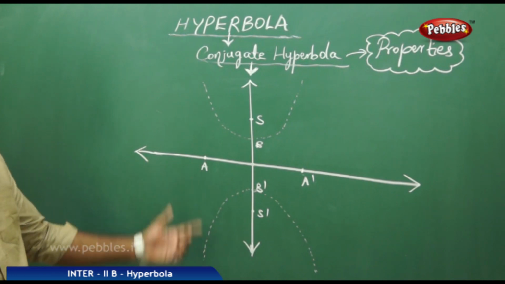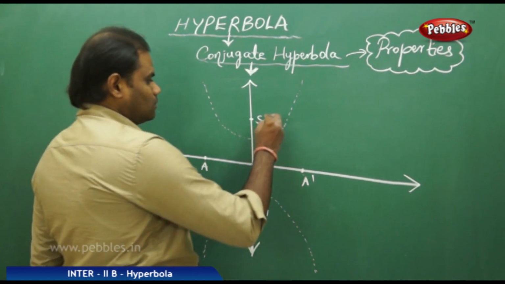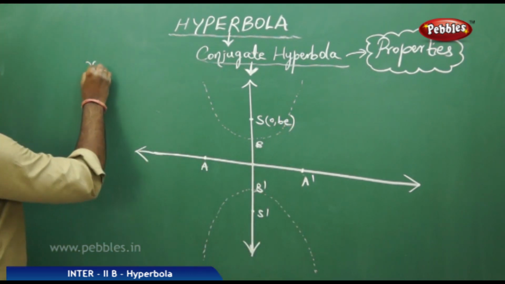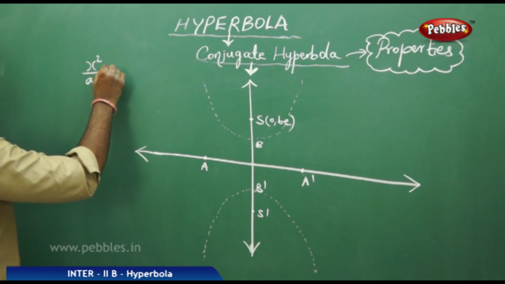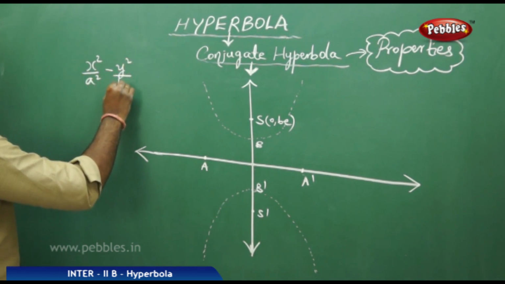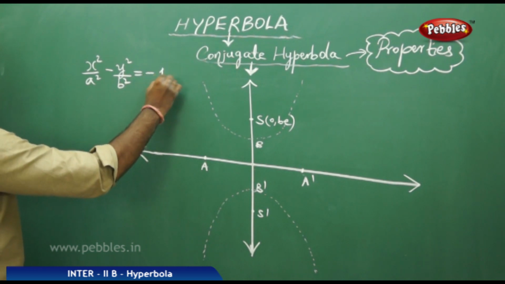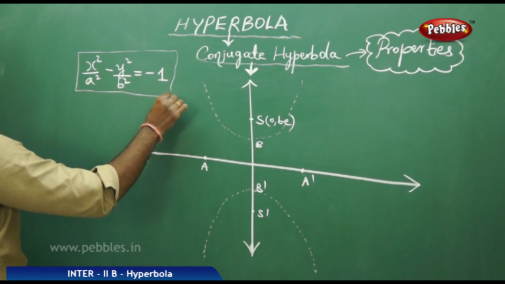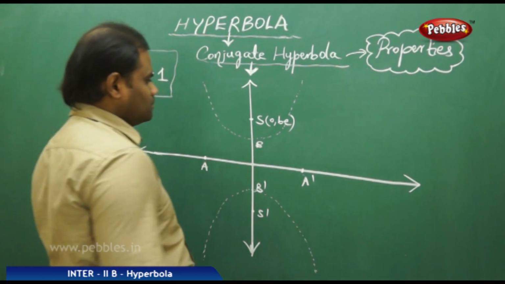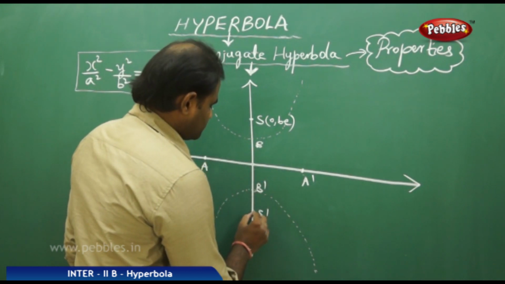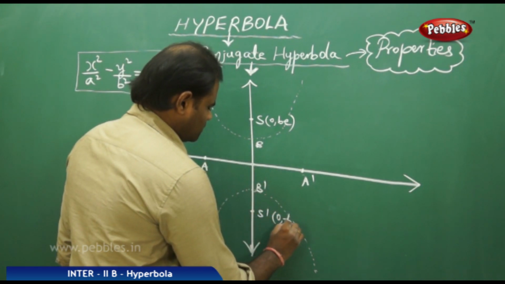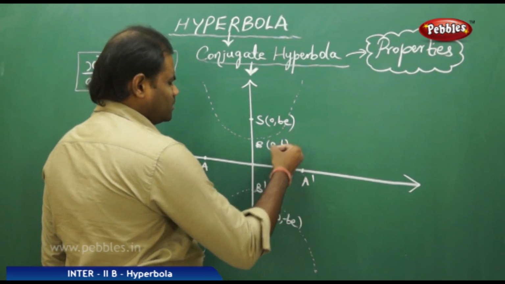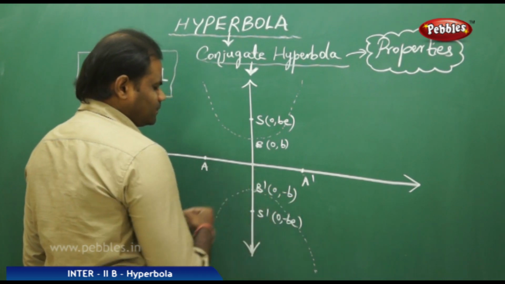This is how we see each of the properties of the conjugate hyperbola. Now the foci of the conjugate hyperbola are (0, b) and (0, minus b), with the equation of the conjugate hyperbola x squared by a squared minus y squared by b squared equals minus 1. So here S is this, and S dash is (0, minus b), and the coordinates of B are (0, b) and (0, minus b).